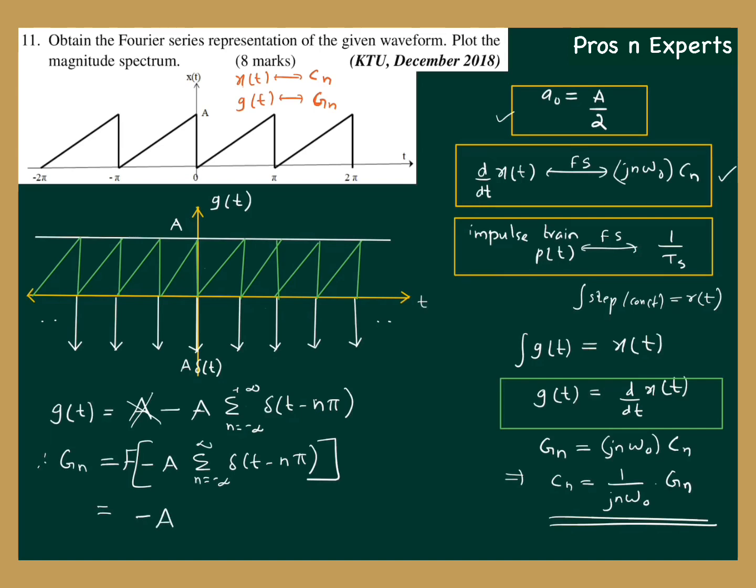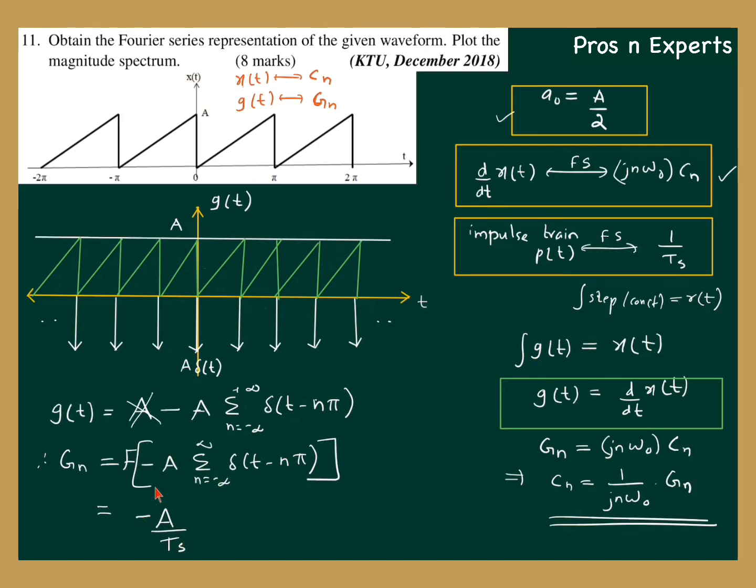Minus A into, what you will get is minus A into 1 by Ts, right? Why? Because we have already derived it here: 1 by Ts is the Fourier series representation of any impulse train. So this is nothing but an impulse train. The Fourier series of an impulse train is 1 by Ts.